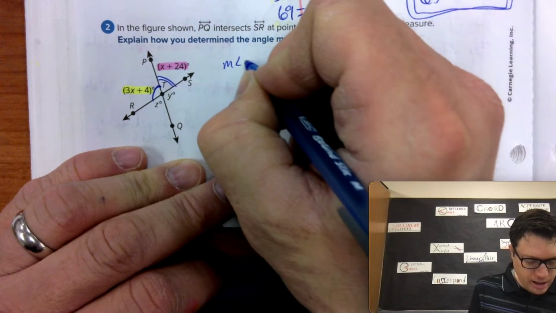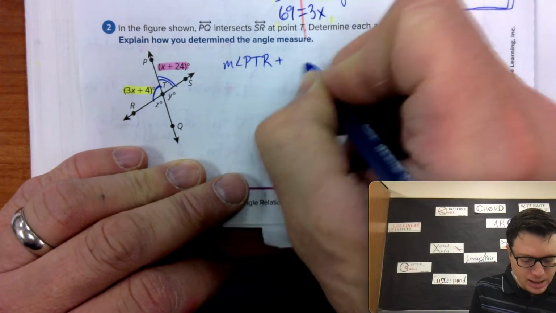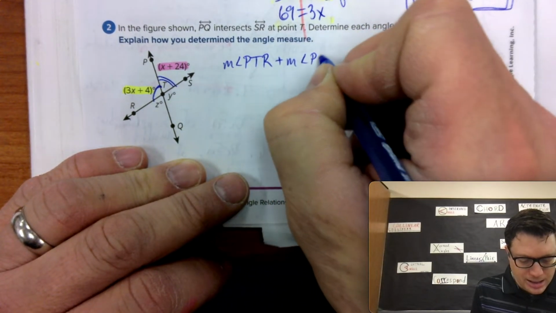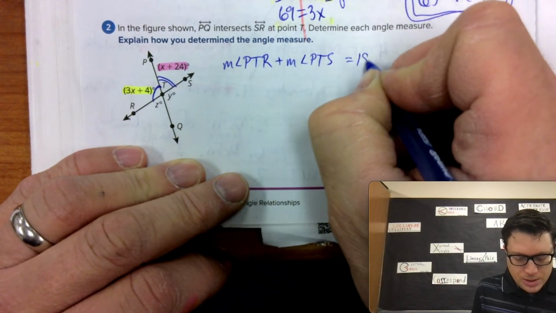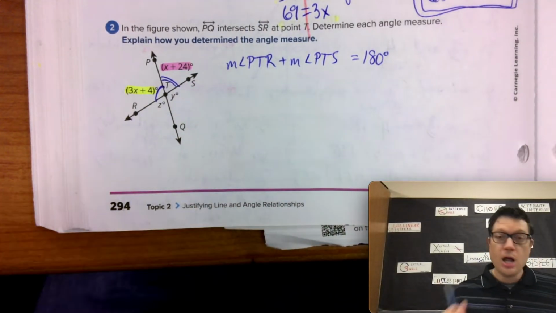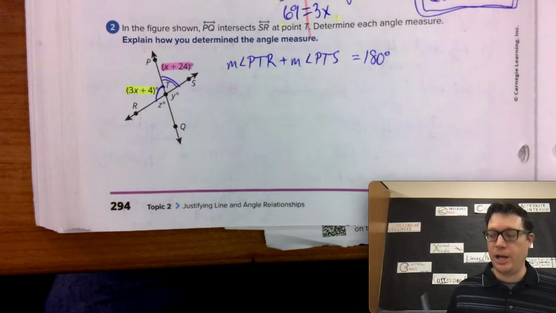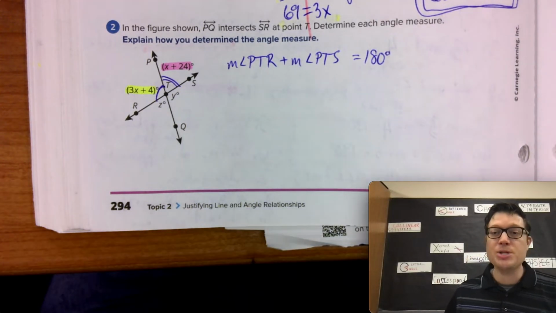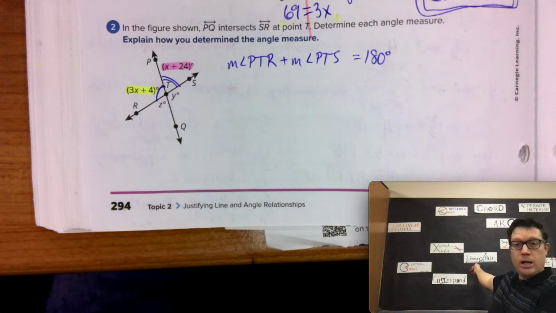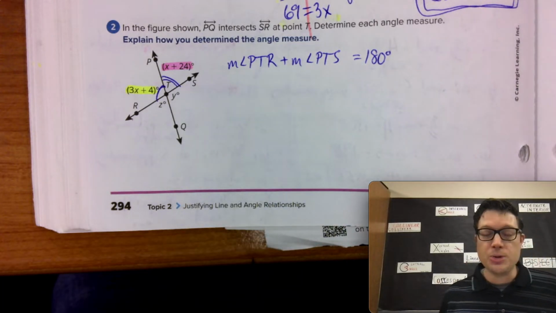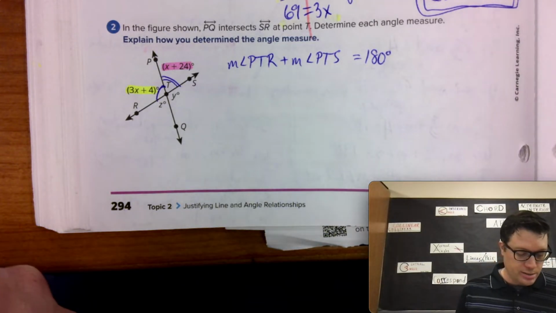The measure of angle PTR plus the measure of angle PTS equals 180 degrees. That's because they form a linear pair, and a linear pair of angles are supplementary, right? Linear pair means that those angles add up to 180 degrees.